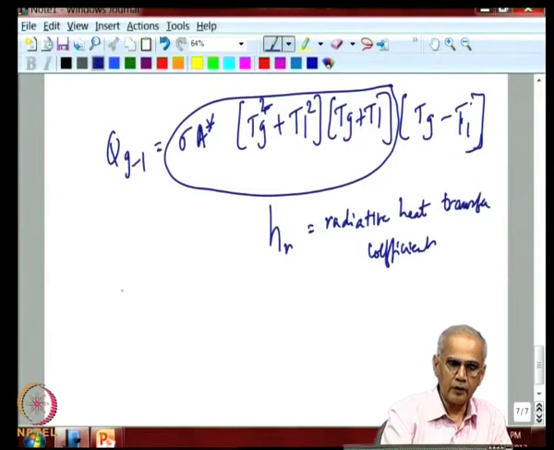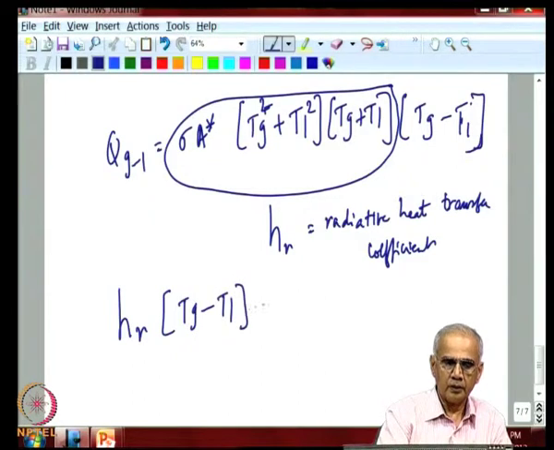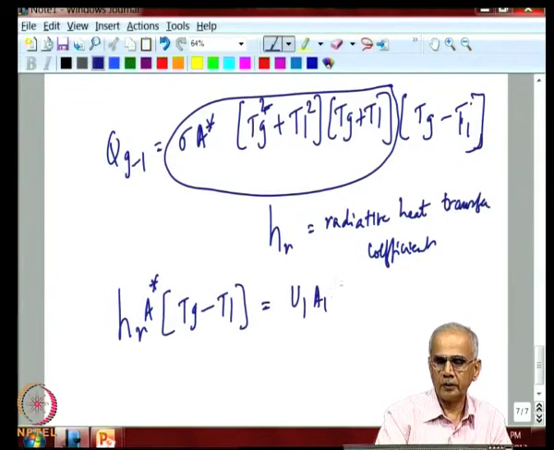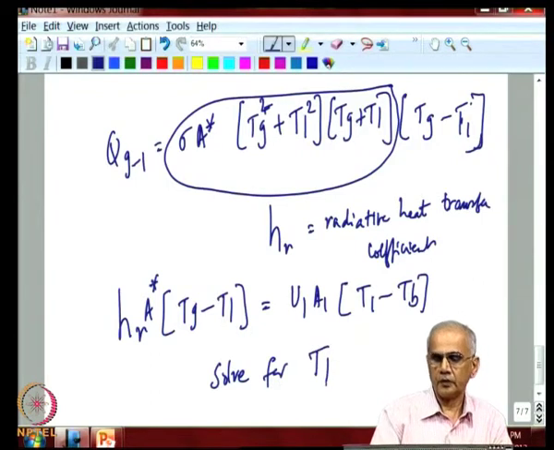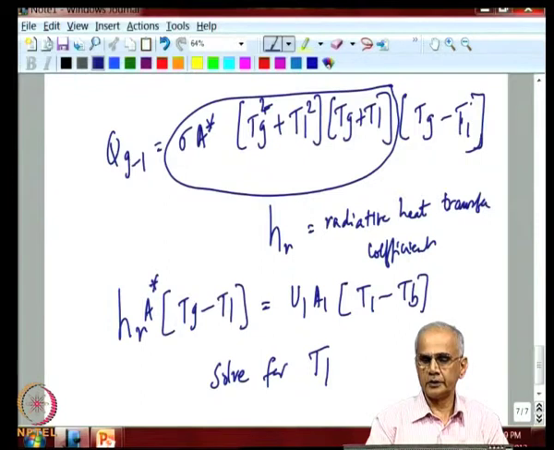And if you do that, then you are writing HR into Tg minus T1, HR into A star is equal to U1 A1 into T1 minus Tb. So, we can now solve for T1, because Tb is known, the boiling temperature of water, and Tg is known from the other radiation calculation.